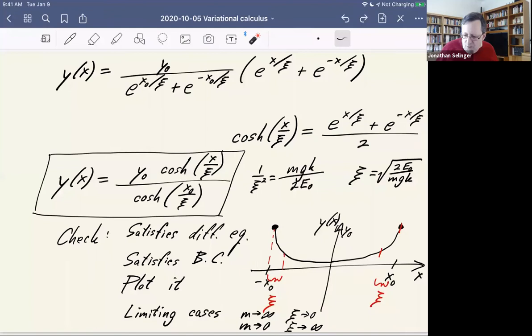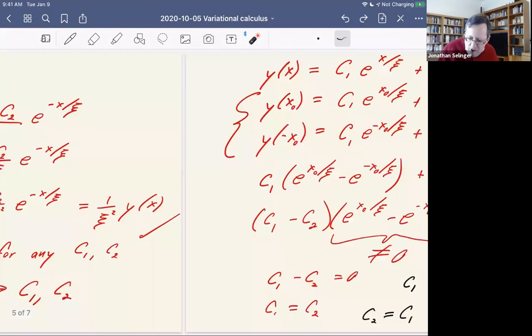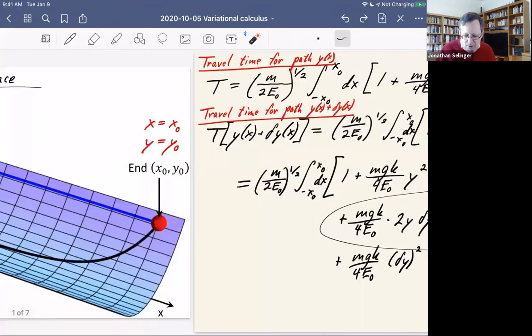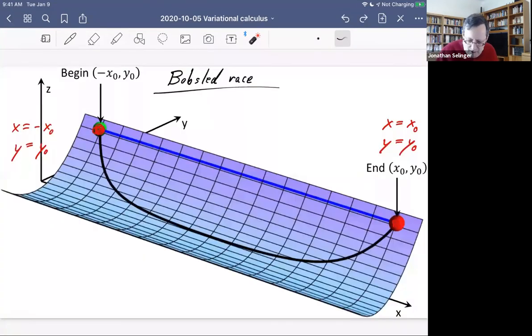Okay, so this is my cute little example of a variational calculus problem. We have now reached the answer. This is the same answer which is plotted here at the beginning, because I solved it before I made this graph. This is a hyperbolic cosine function.